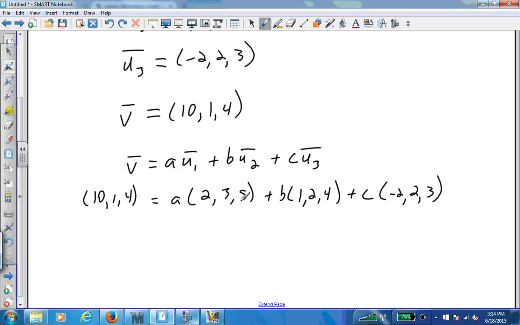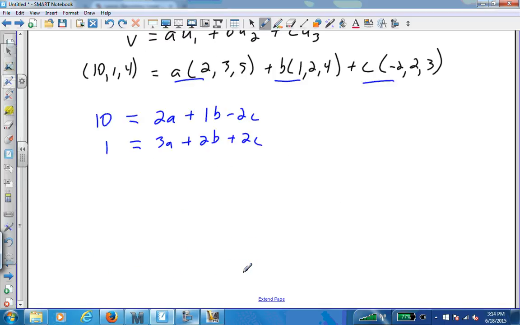So if we think about this one as A, 2 times A, 3 times A, 5 times A, 1 times B, 2 times B, 4 times B, and the same thing with C, then 10 comes from combining the first elements on all of those: 2A plus 1B minus 2C. 1 comes from the second elements, so 3A plus 2B plus 2C.